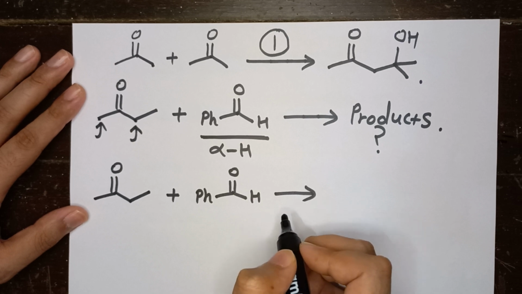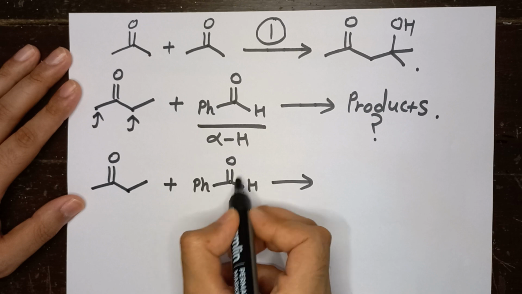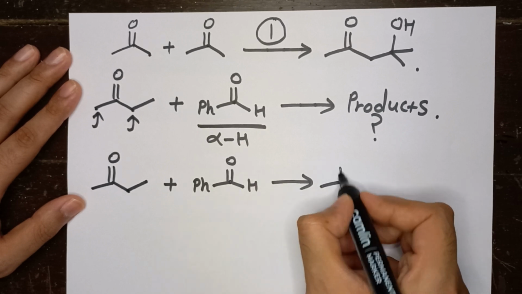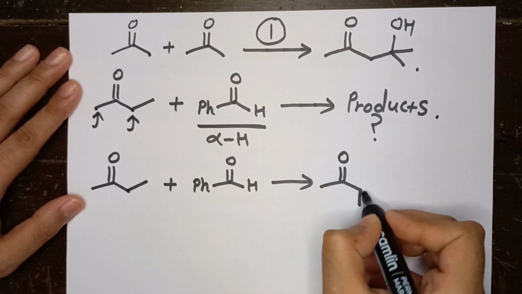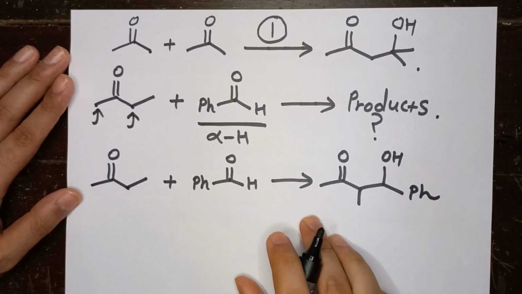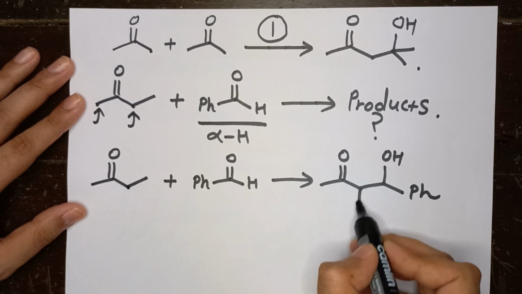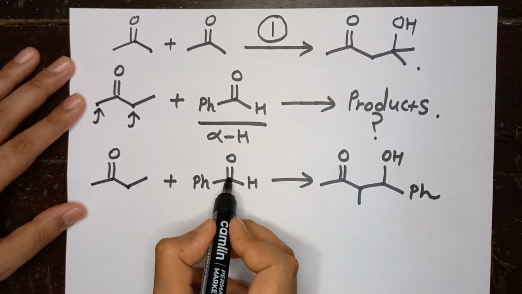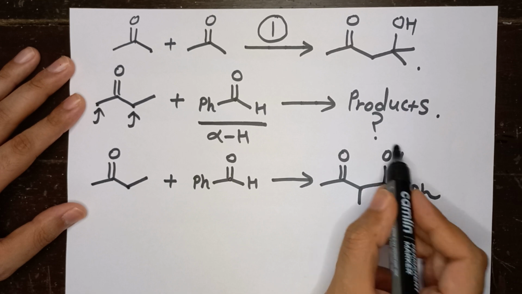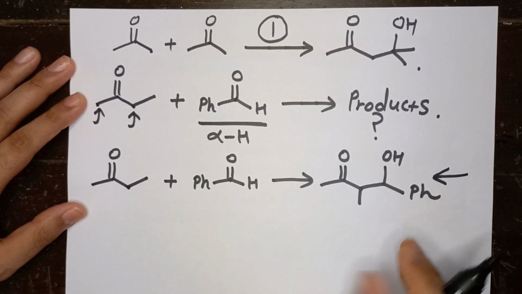So we are going to use our trick. Connect this alpha carbon with this carbon, convert it into OH. Correct? So this carbon contains 1 methyl group, that is here, and I connected this carbon with this carbon and converted it into OH, and this carbon also contains Ph. So this is my first product.